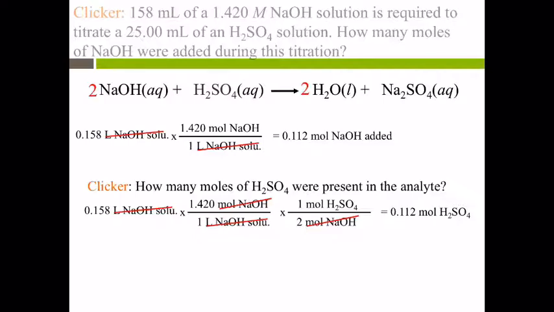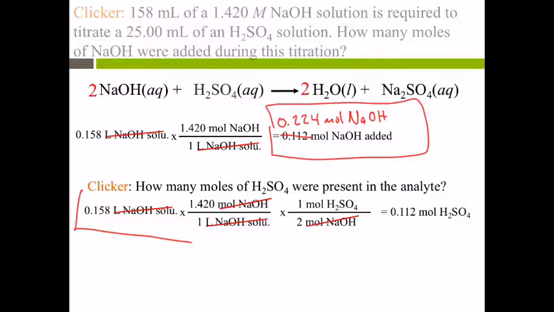And what we find is that I made a careless mistake up above, and that this is 0.224 moles of NaOH. So the bottom calculation is accurate. I just carried over some bad PowerPoint material above. So what we find is that the amount of sodium hydroxide added is twice the amount of sulfuric acid that would have been there. We can predict that based on the balanced equation.